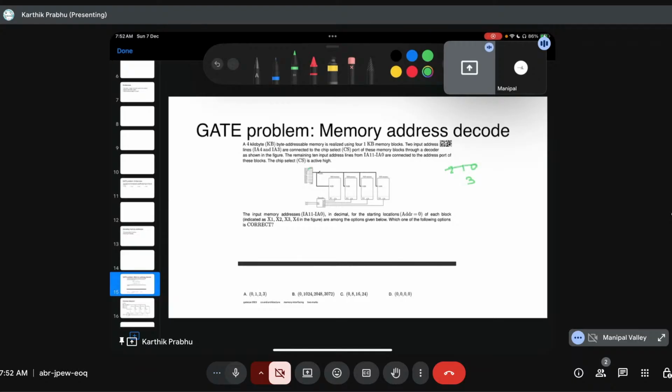So 11 to 0 also has to be 11. So it's an 11-bit memory address which they have given, right? IA11 to IA0.